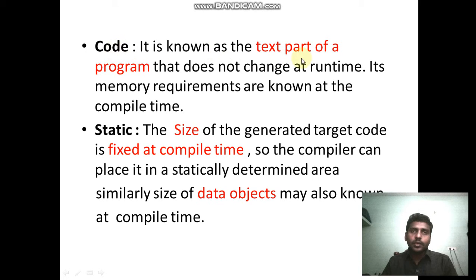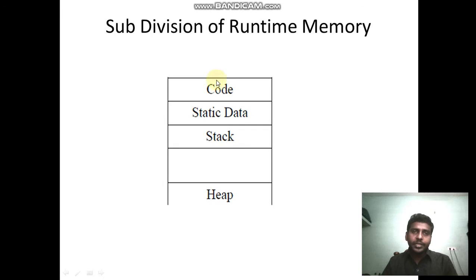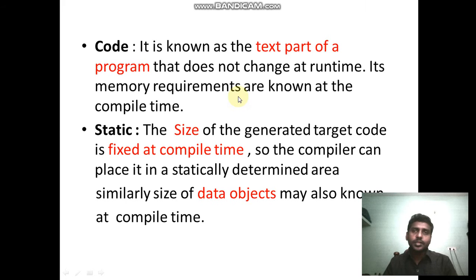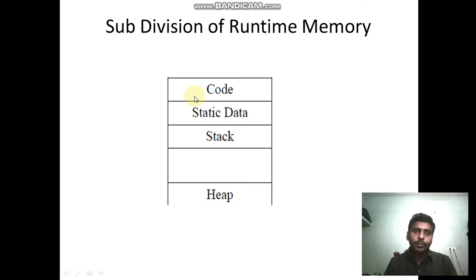So code is normally the text part of a program. It does not change at runtime. That means whatever program code the programmer writes is stored in the code area and it is static; it doesn't change. Simply, the programmer's code is saved in this code area.